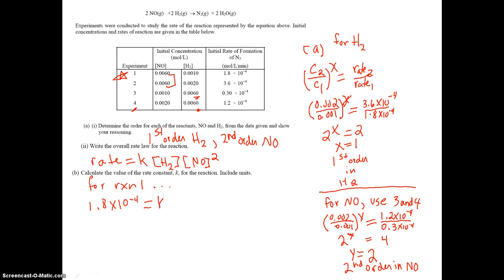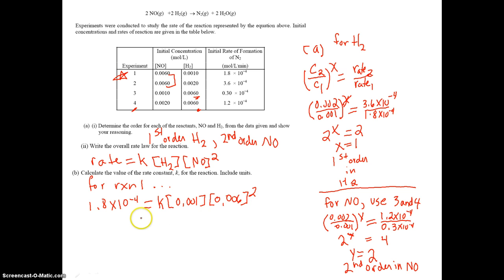That's got to be equal to K times hydrogen's concentration, which is 0.001, times the concentration of NO, 0.006, and that has to be squared.